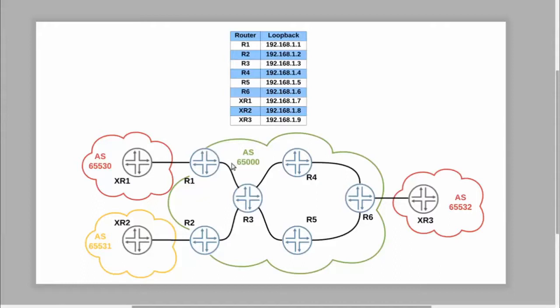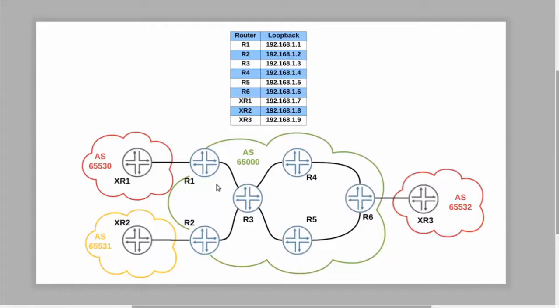The setup we have here is an iBGP mesh within AS 65000, and it is acting as a transit network for these ASs on the outside, 65530, 65531, and 65532.